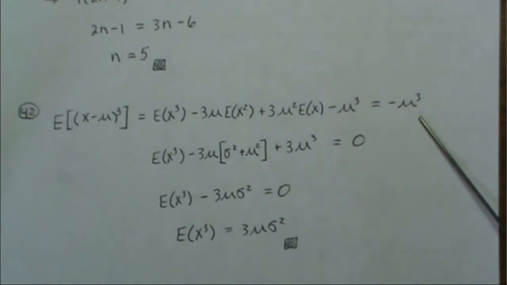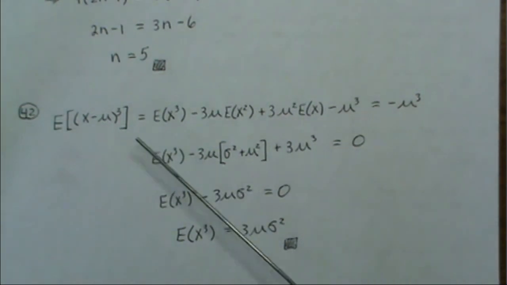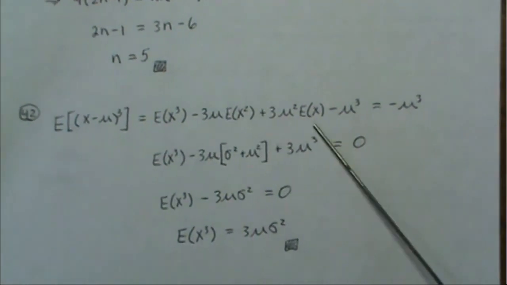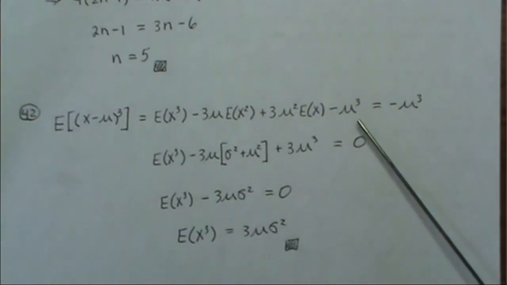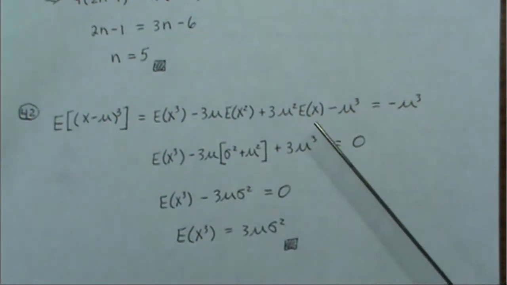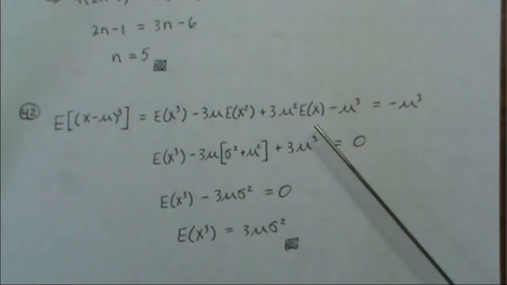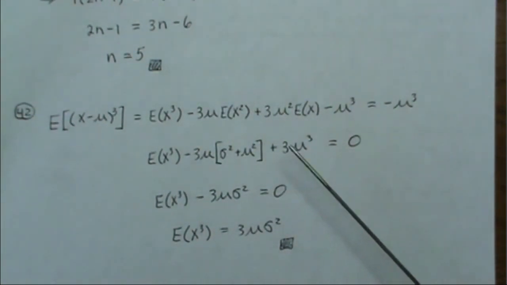minus mu cubed. So if we multiply this out, we get this, and we're given the variance expression, that the x's have a variance of sigma squared.